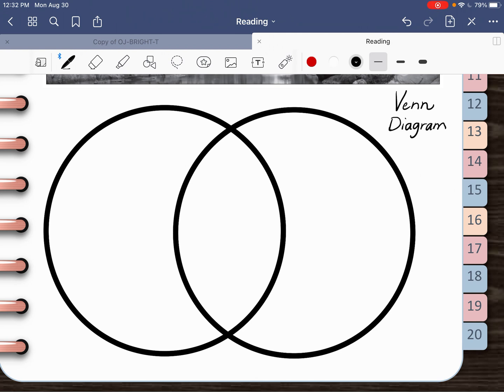You can use this anytime you are comparing two things. So I'm going to put passage 1 on this circle and passage 2 on this circle. And then in the middle, we're going to put things that are in both passages. So your comparing happens in the center, and your contrasting happens on the edges of the circle.